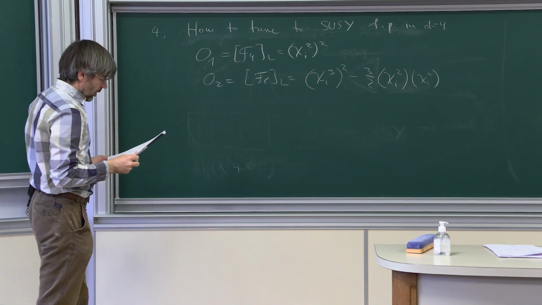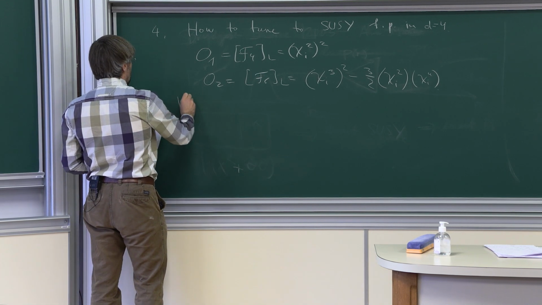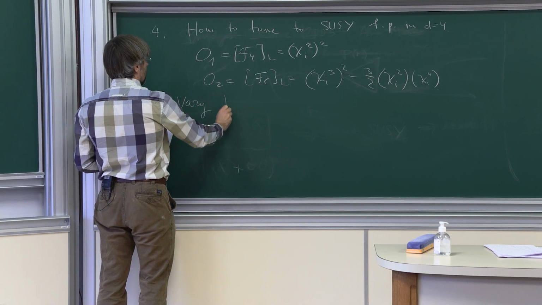So how do you tune? Well, one way of tuning is to vary the disordered distribution P of H.